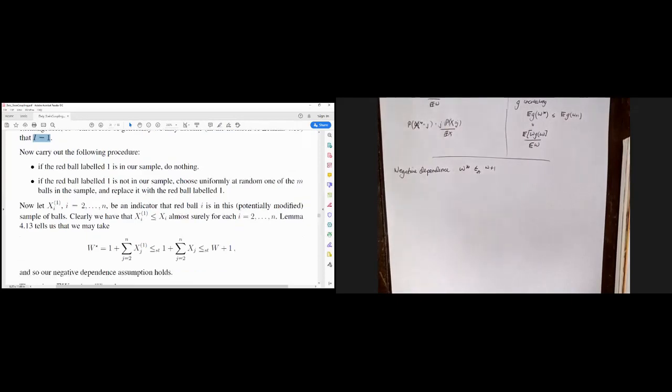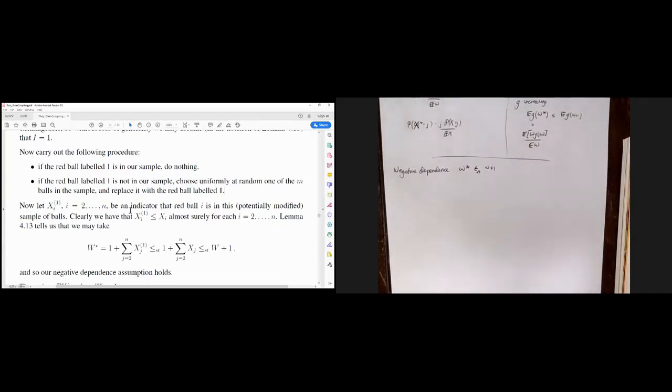In this first case, nothing's changed. In the second case, what I've done is I've chosen something to get rid of. So for every other red ball, numbers 2 up to n, there's some positive probability that it was there in my sample and I chose to get rid of it. What does that mean?